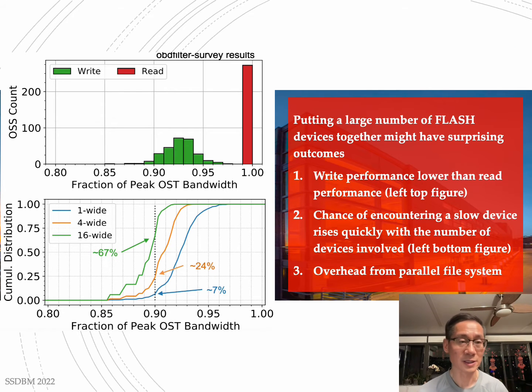This next shows another set of performance measurements that further indicates why it's worthwhile to actually measure the performance rather than just trust we can get peak performance. The top left figure shows that the write performance has a broader distribution and it has more likelihood to be lower than the peak performance.